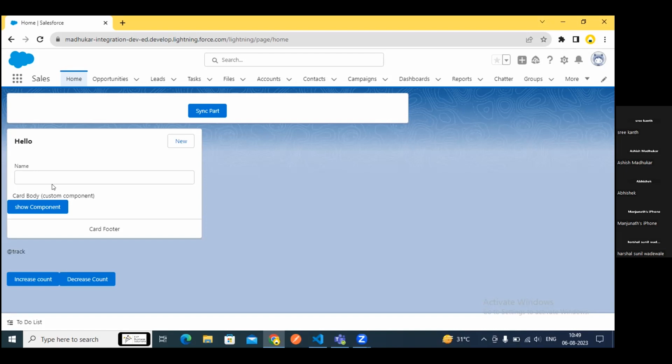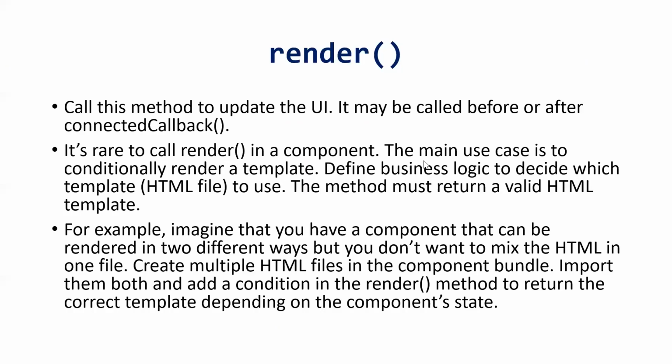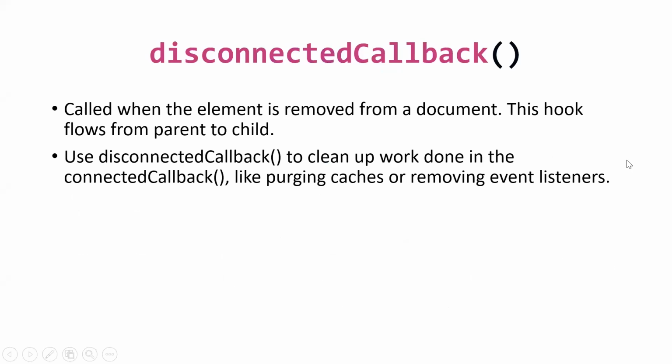So let's go to the next hook. This is the most important hook, which is why it is taking time to show the demo. This is our disconnected callback. It is called when the component is removed from the document. This hook flows from parent to child.